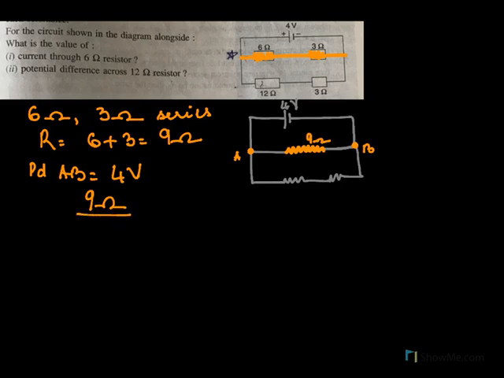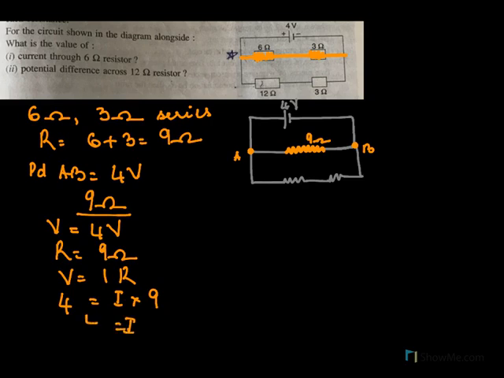So for 9 ohms, let's see the current passing through 9 ohms. We know the potential difference is 4 volts. The resistance is 9 ohms. We do V equal to IR, and V here is 4. The I we do not know. The resistance is 9. So I is 4 by 9 amperes.